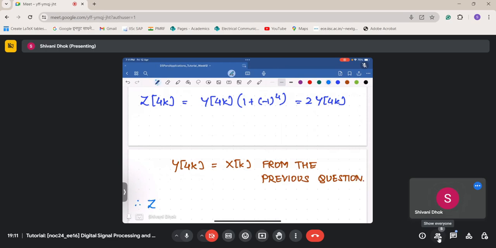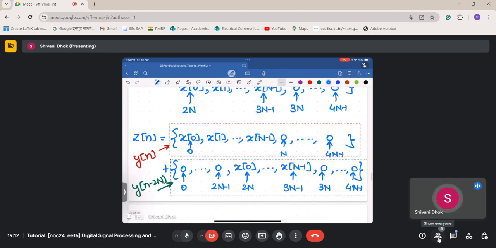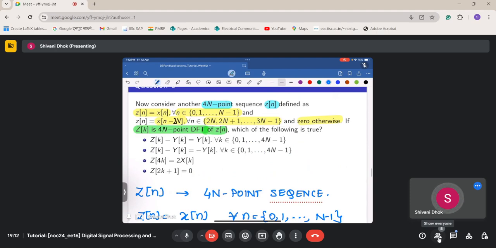Therefore, z of 4k is equal to 2 times x of k. And this is the third option that we are having. So z of 4k is equal to 2 times x of k, and this is the answer.